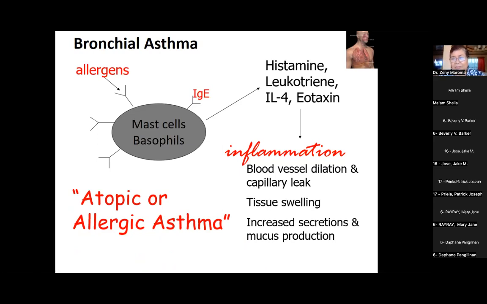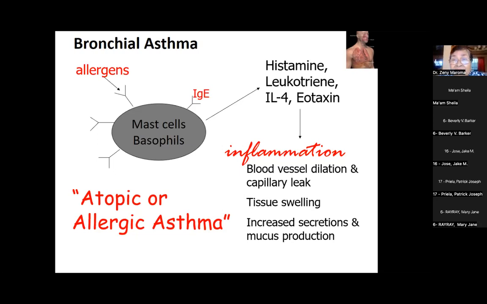Atopic or allergic, meaning there's genetic tendency to develop allergy. Genetic tendency. Kaya hindi lahat naman ay naa-allergy sa seafoods and the chicken and egg. Okay? Atopy is associated with heightened immune response to common allergens. Okay? So pag ang cause ay allergy, then we call this atopic or allergic asthma.